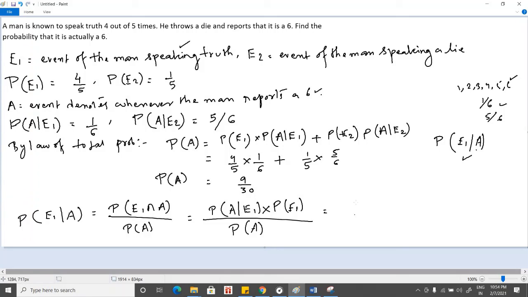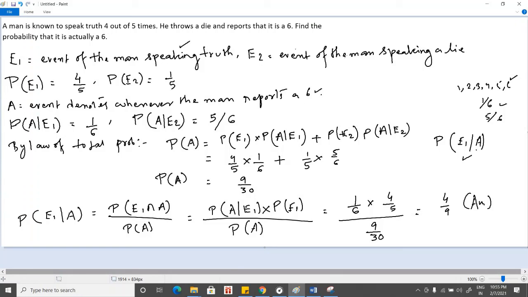So P of A, considering the hypothesis that E1 has occurred prior to it, is 1 by 6 into P of E1 is 4 by 5, whole divided by P of A is 9 by 30. If we solve this, we will get 4 by 9. So the answer is 4 by 9.